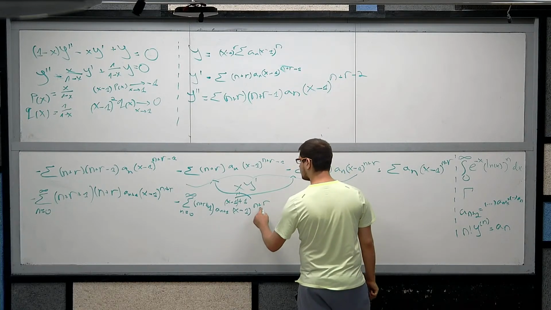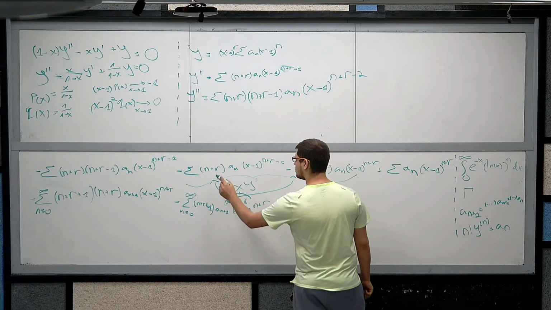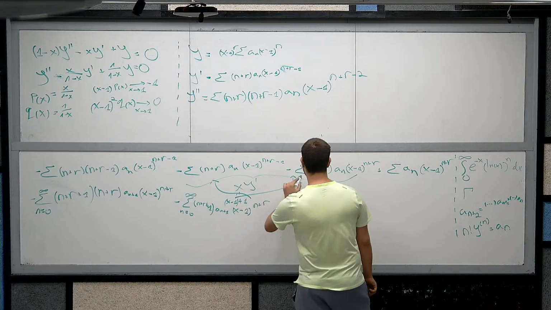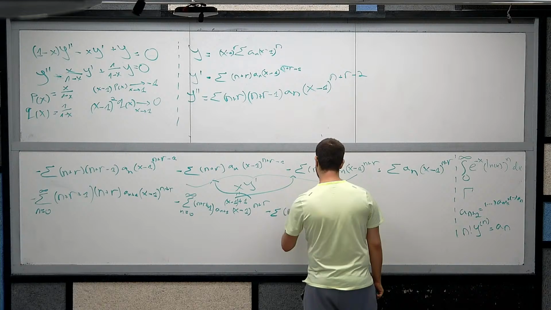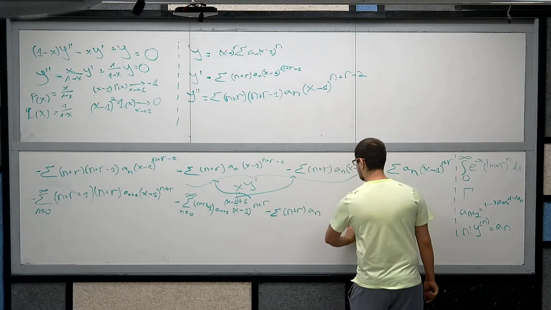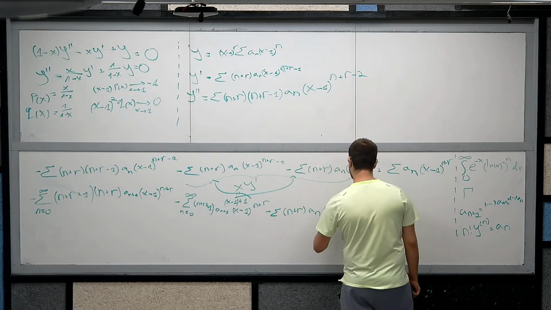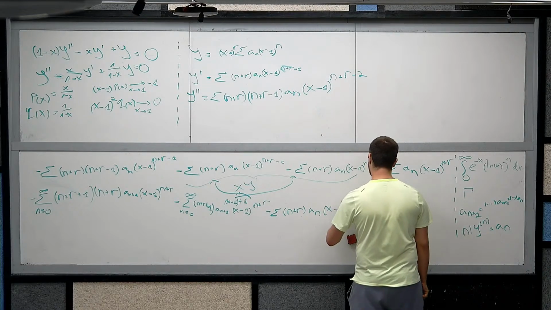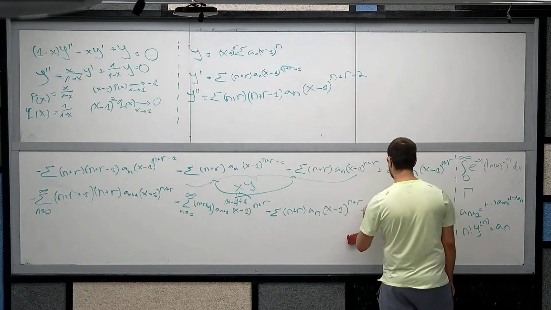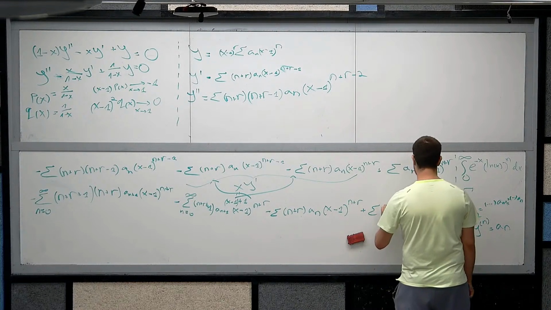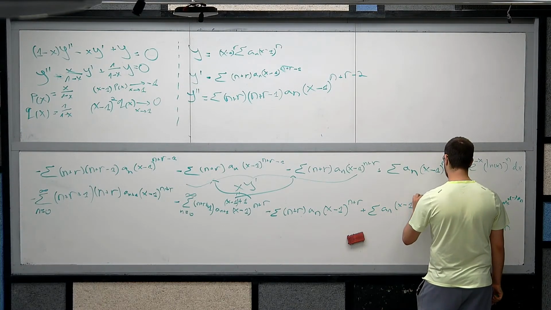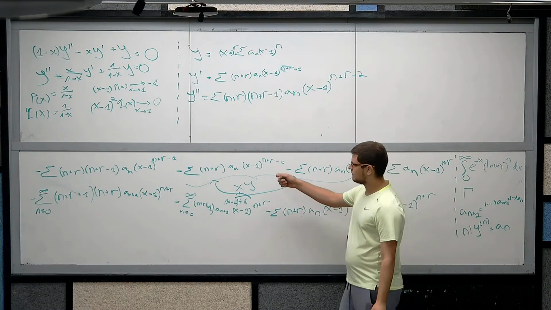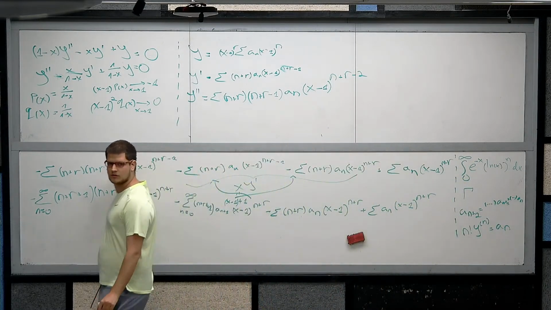Okay, so right now, everything with that: n plus r, a n, x minus 1 to the n plus r, minus a n, x minus 1 to the n plus r, and then the 0 terms from here.